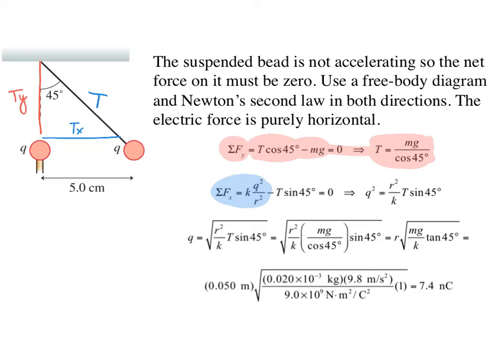So there's the x component of tension and Coulomb's law. Now, why is it Coulomb's law minus the tension? Well, Coulomb's law is pushing to the right, and the tension is pulling to the left. So they're opposed forces, and they're in balance because this is a no acceleration system.